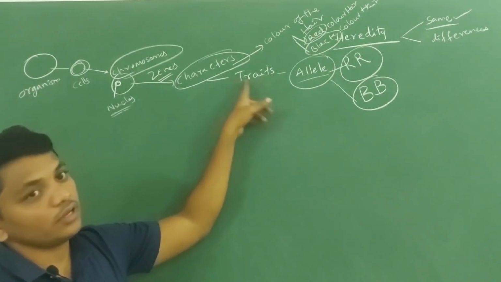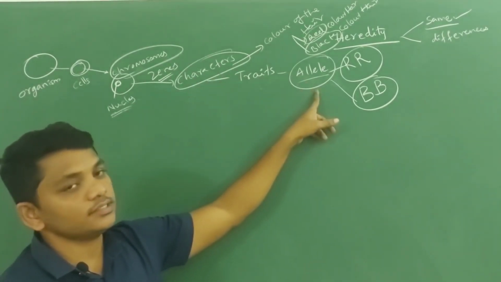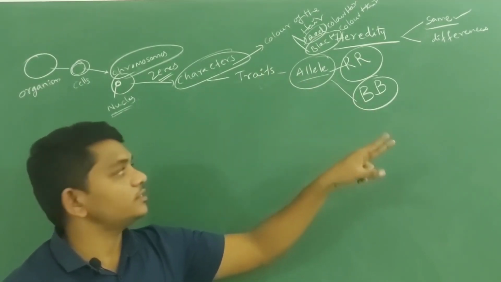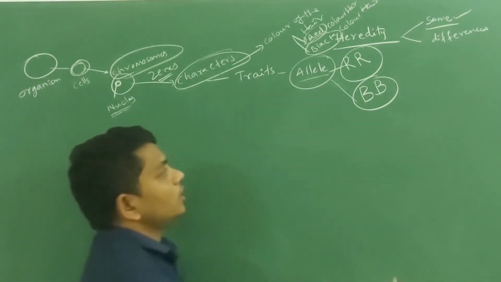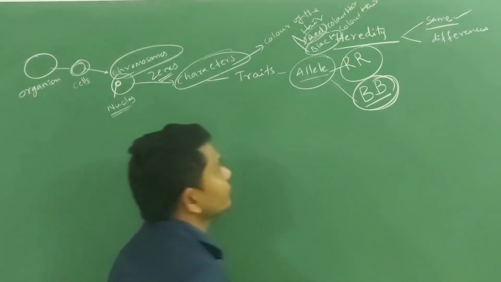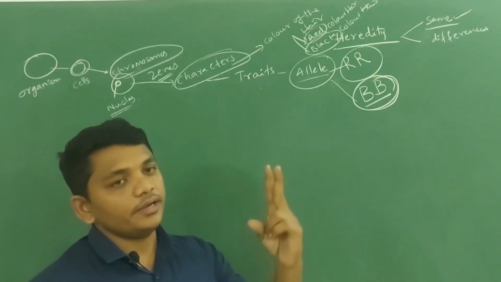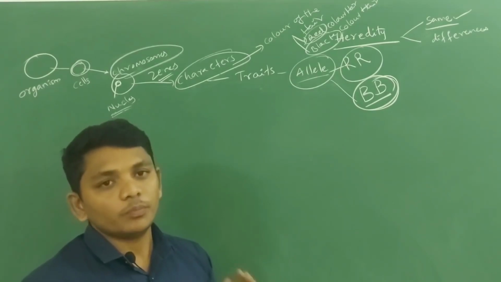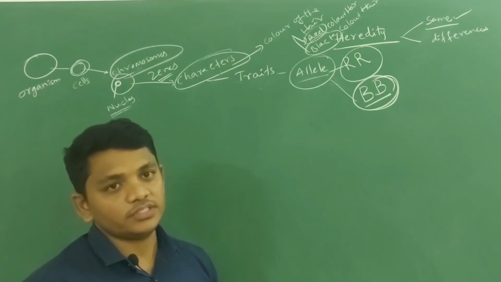So a trait is a part of a character. A character contains traits, and traits contain alleles. Alleles are usually represented with two alphabets. BB is an allele. Every allele contains two alphabets. We represent alleles with two alphabets every time and always.